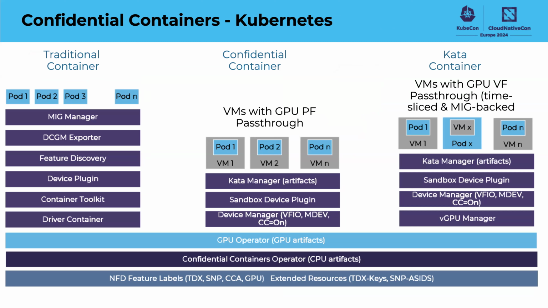You can have a node with confidential containers where you're doing the GPU PF pass-through, or you can even have a node with Kata containers where you're not doing any confidential compute, where you may even be running KubeVirt or other workloads or other isolation techniques. So all of those use cases are supported by the GPU operator, with other components that are coming from the cloud native stack.